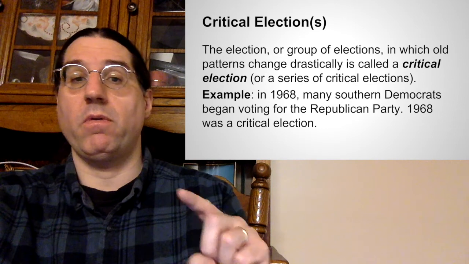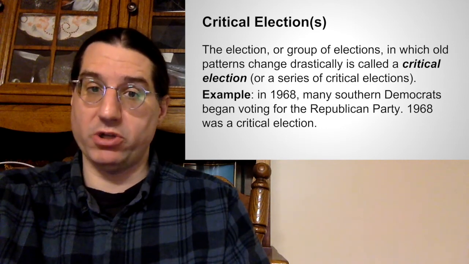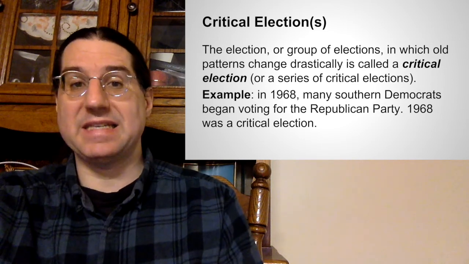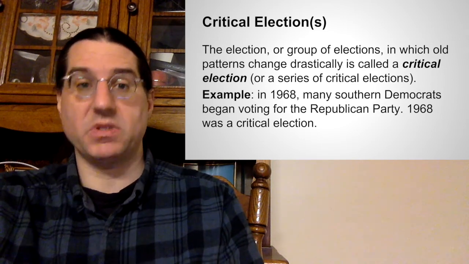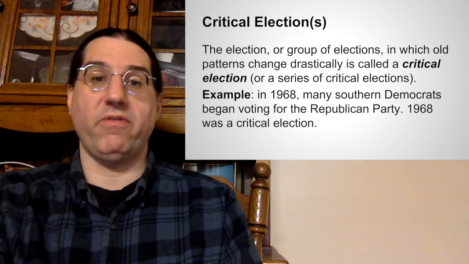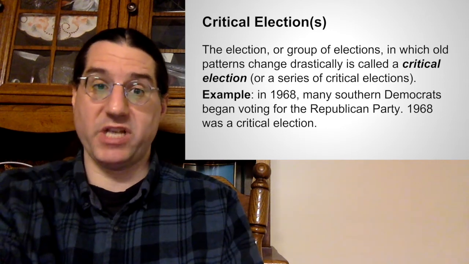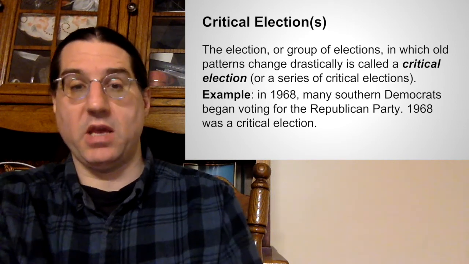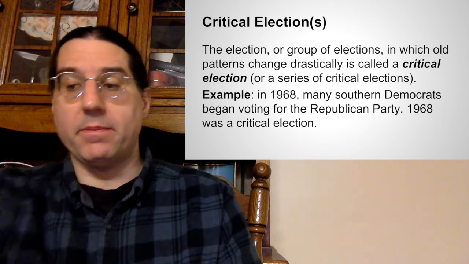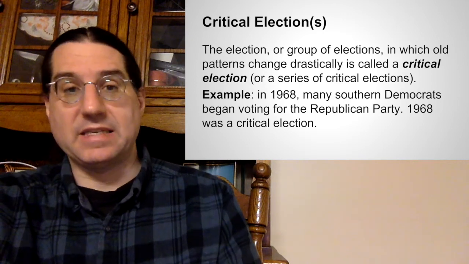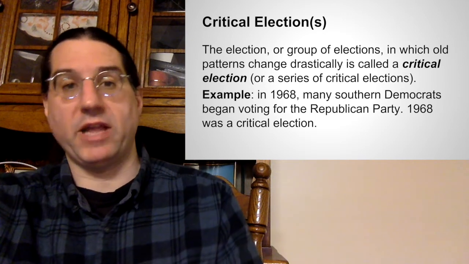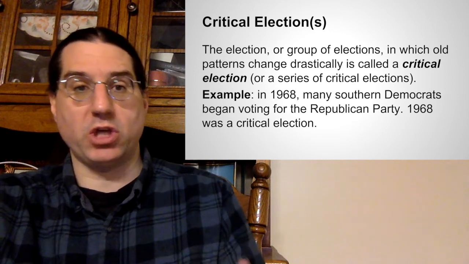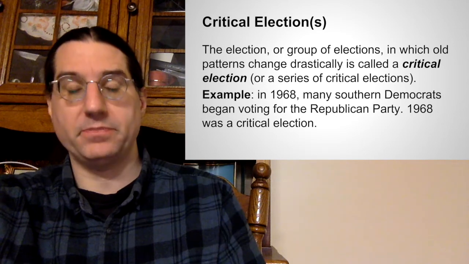Even if they're still saying that they're members of their original party, they've started to switch their behavior. 1968, for example, was one of these times where a lot of Southern Democrats in particular voted for Richard Nixon, the Republican candidate. So 1968 was an example of what we call a critical election. A critical election is one where we start to see the lineups change and people move from one side to another.